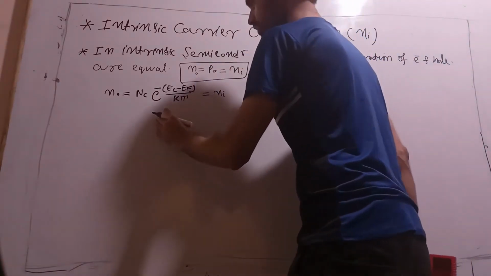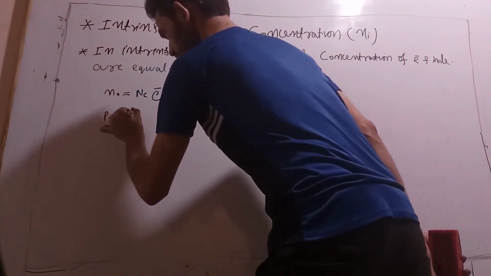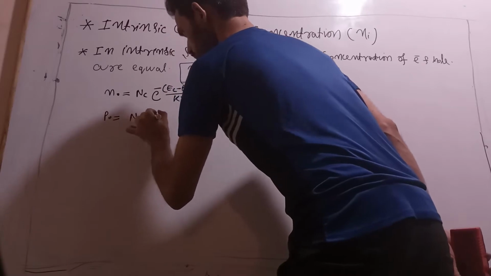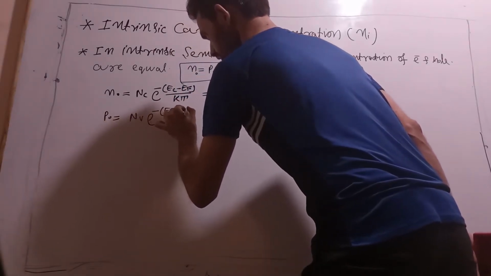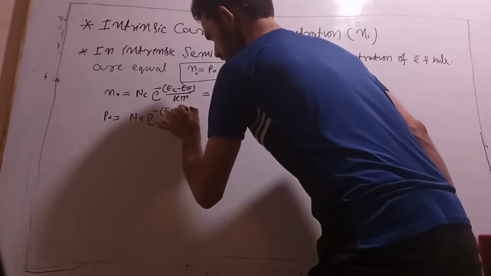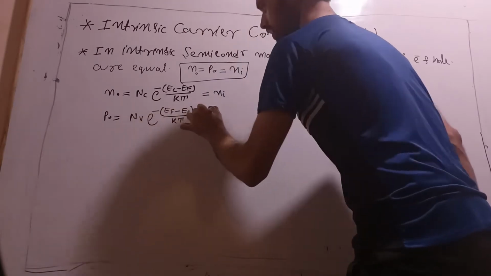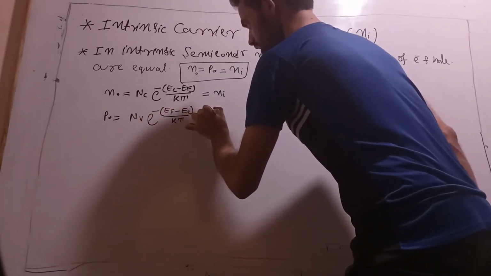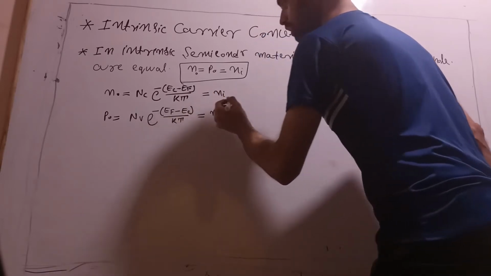Similarly for hole, p naught is equal to Nv into e to the power minus (Ef minus Ev) by kT, which is equal to ni.